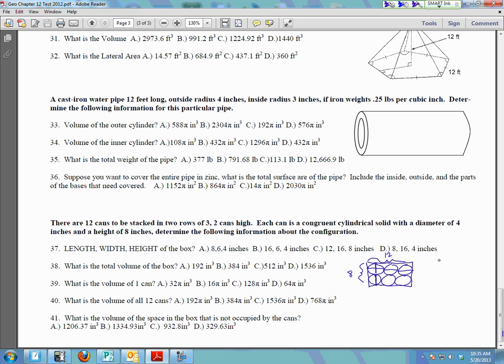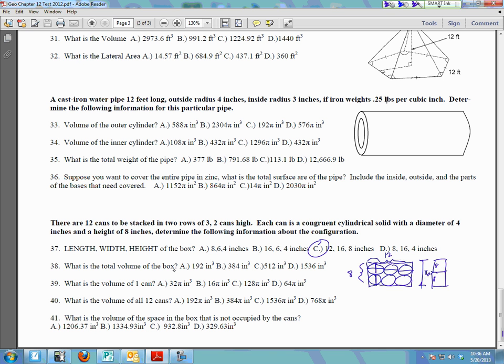Now, looking at this thing from the side, you got one can on top of another can, so this distance here would be your height, and they tell us that the height of each can is 8 inches, so that would be 8 inches, that would be 8 inches, so the total is 16. So I'm looking for a box that has 8, 12, and 16 for the dimensions, so that's option C.